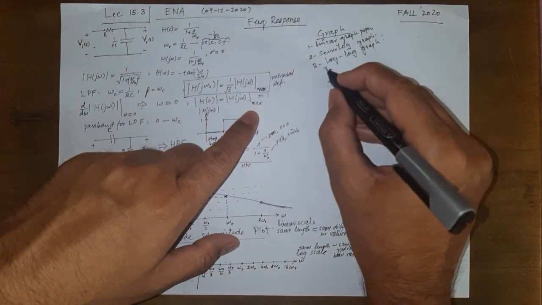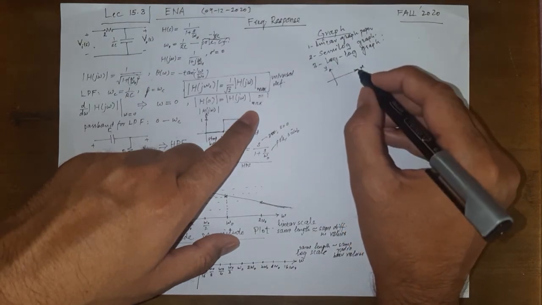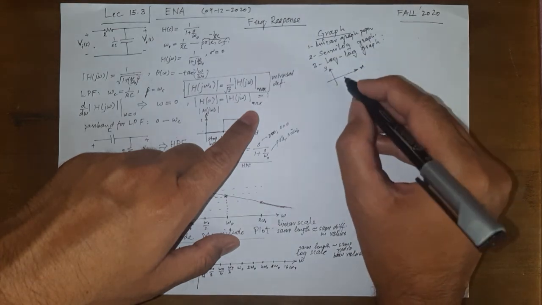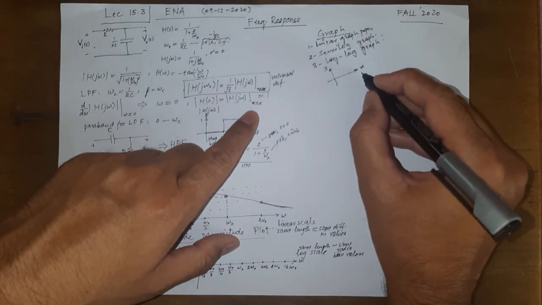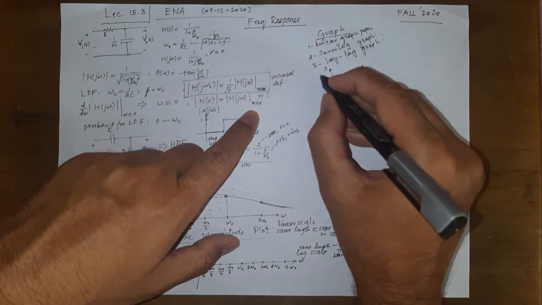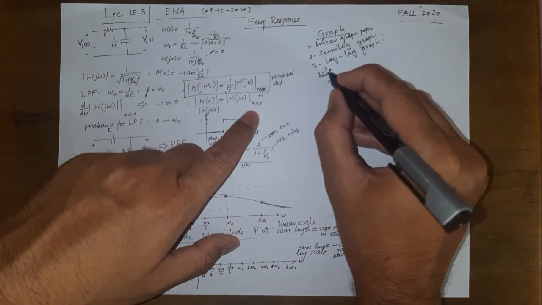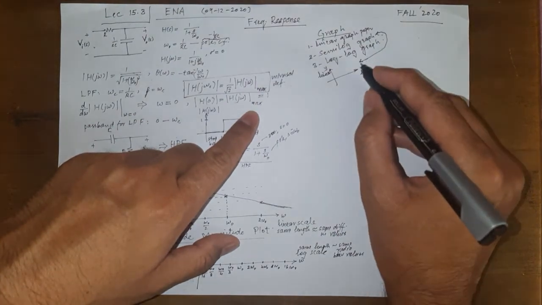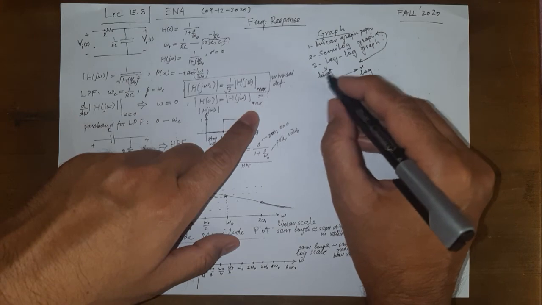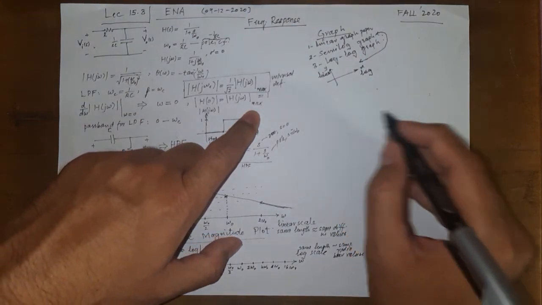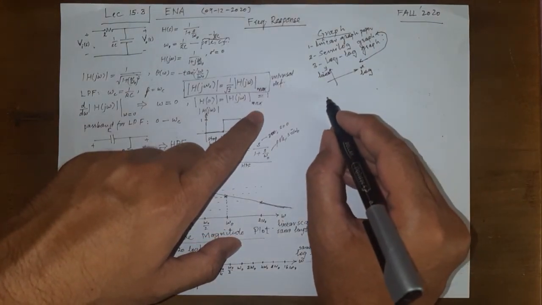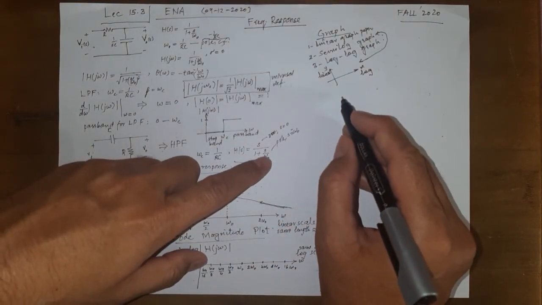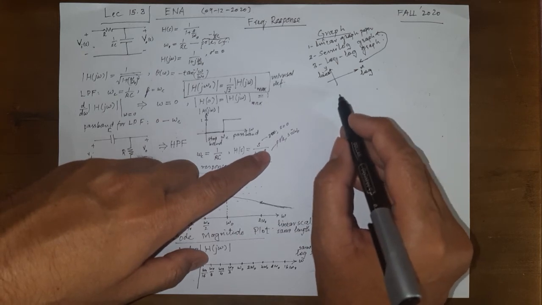If both of these axes are linear, we call it a linear graph paper. If one of the axes is logarithmic and the other is linear, this is known as the semi-log graph paper that we are going to use here. And if both are logarithmic, that is called a logarithmic graph paper. If you buy this semi-log graph paper or download it from the internet, I will share one with you.